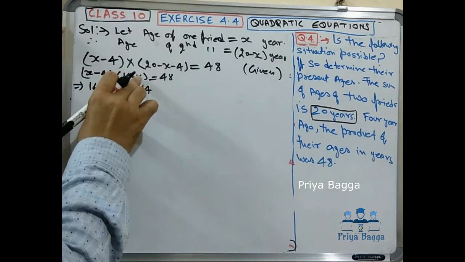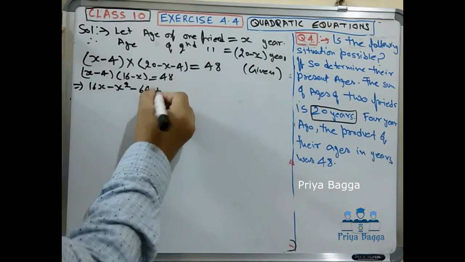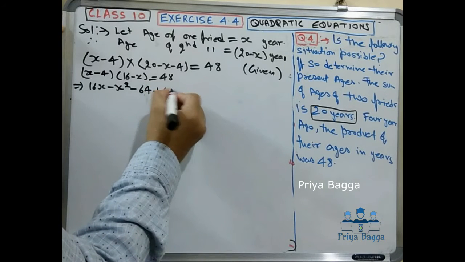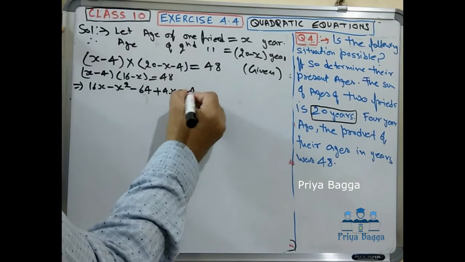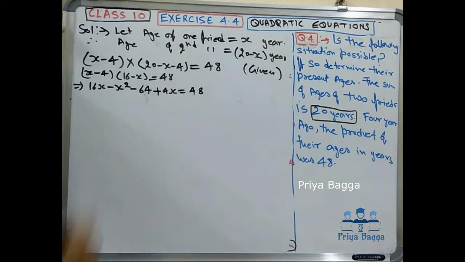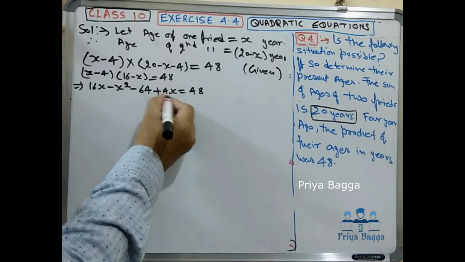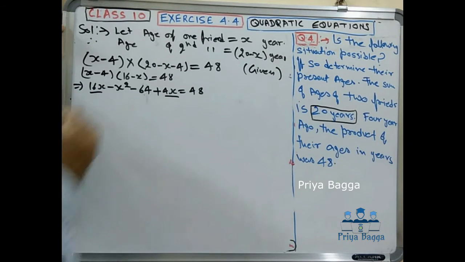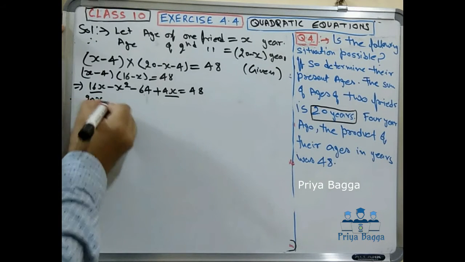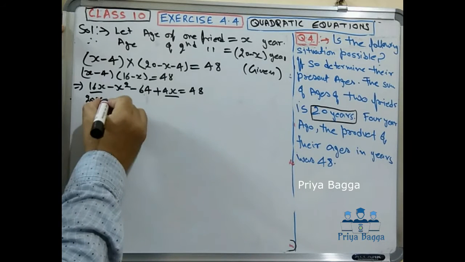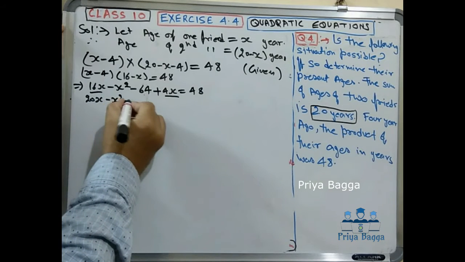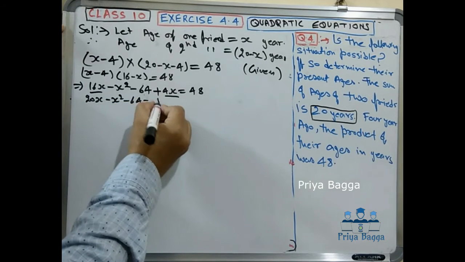And then minus 4 and minus x will be plus 4x. This will be equal to 48. Let me simplify it. 4x plus 16x will be 20x. Minus x square, minus 64, equals 48.